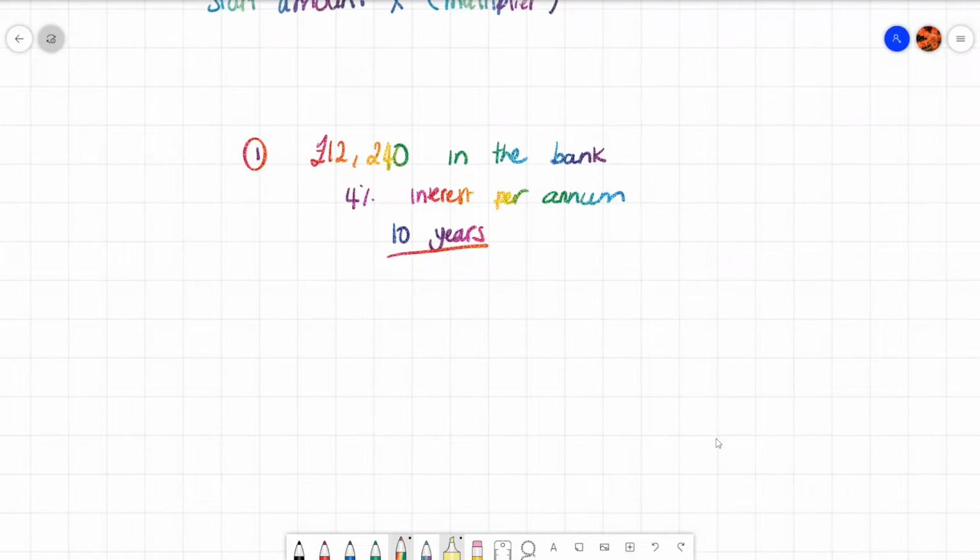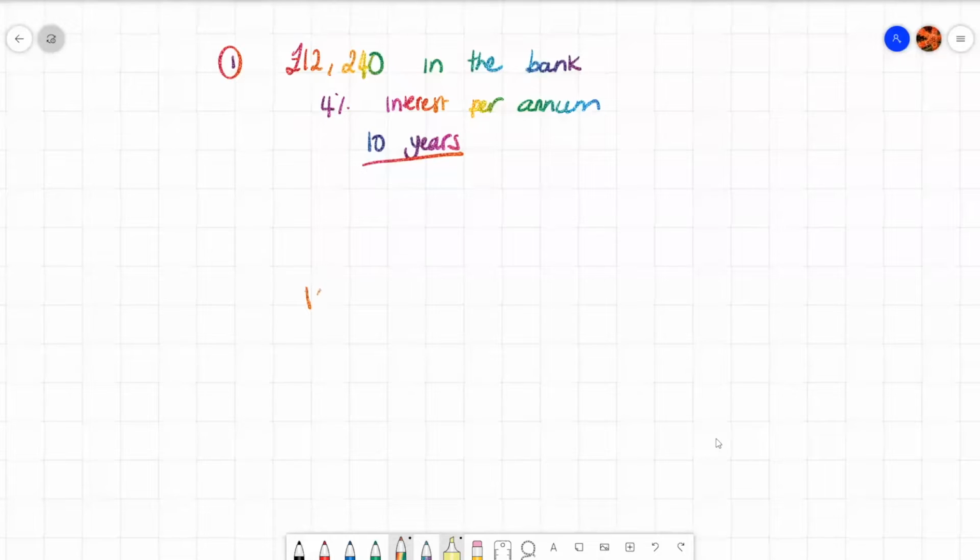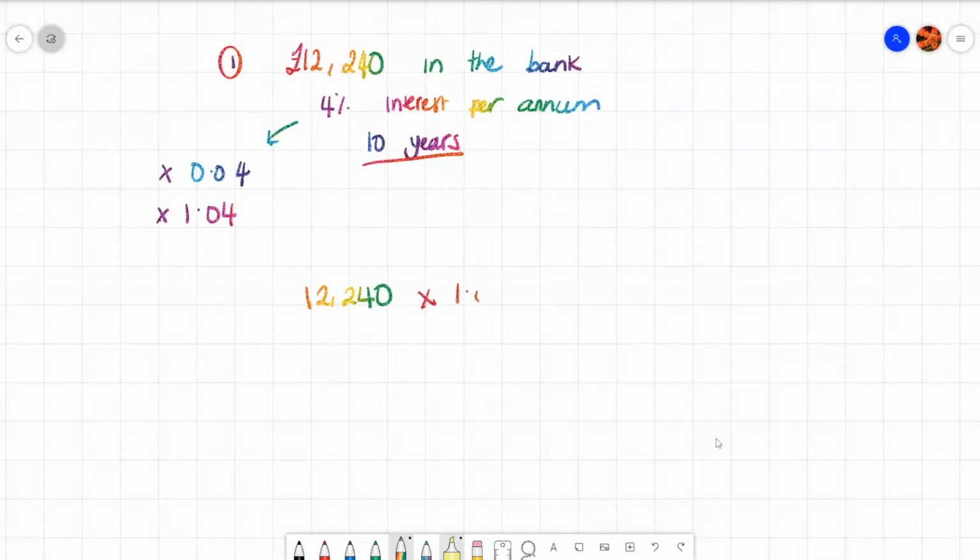Okay, so we start off with the starting amount, 12,240. Well, to work out 4%, we times by 0.04. But obviously, if we're increasing something by 4%, we're going to times by 1.04. So we're going to times that 1.04, and it's to the number of years. And let's have a look. 12,240 times 1.04 to the power of 10, using my calculator to do this.